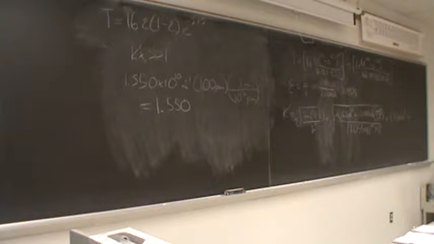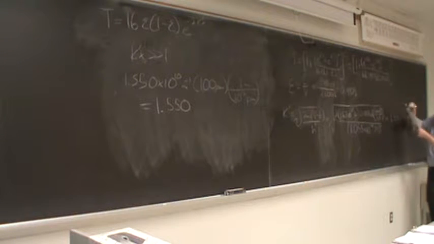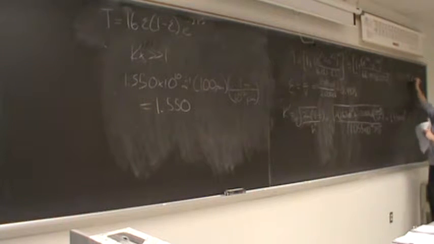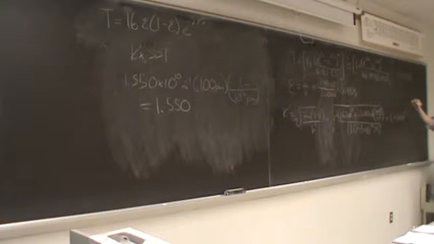Okay. Everything should be unitless right now, which it is. That means it's a good thing. The answer we get is 0.001967. If we want to convert that to a percentage, 0.196.